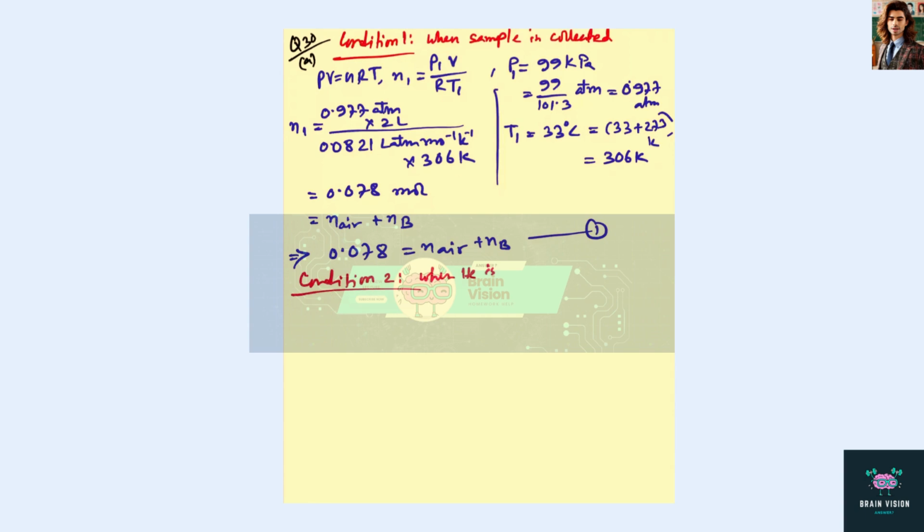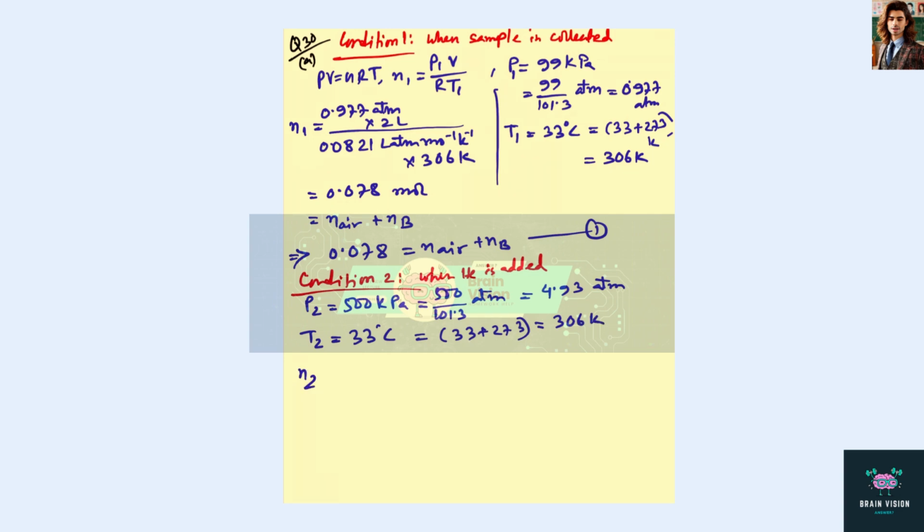When helium is added, in this case the pressure is 500 kilopascal. Let's convert it to atm, which is 4.93 atm. The temperature was 33 degrees Celsius, therefore it is 306 Kelvin.